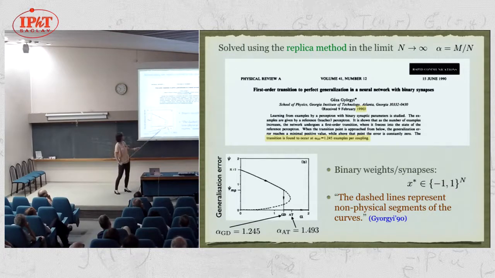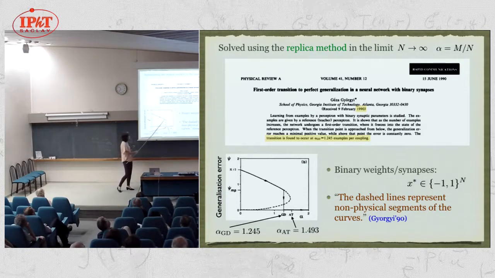And in the whole talk, that will be this fixed ratio alpha. So he plots the generalization error, that is something big and uninteresting, that suddenly drops to 0 at a phase transition that happens at alpha of 1.245. Okay, so there is a first order transition to perfect generalization. So the optimal method learns the X star perfectly, starting from this alpha.